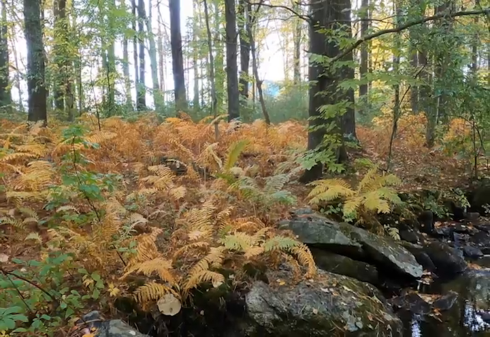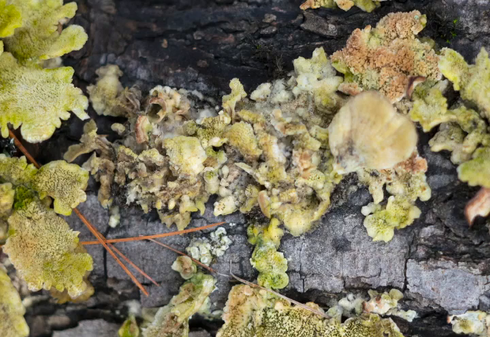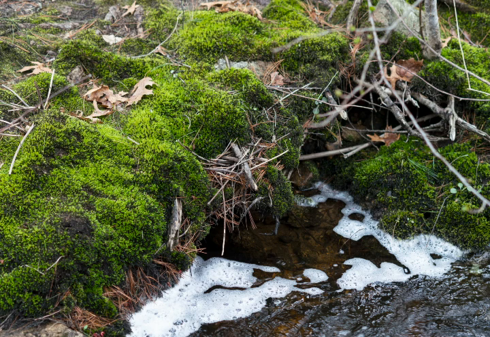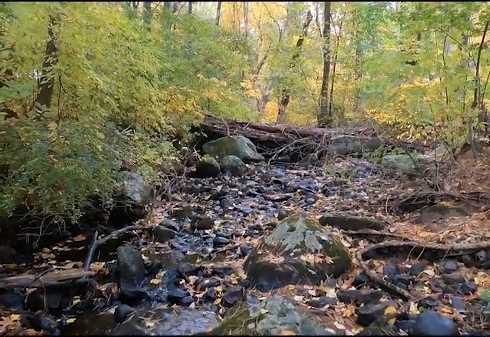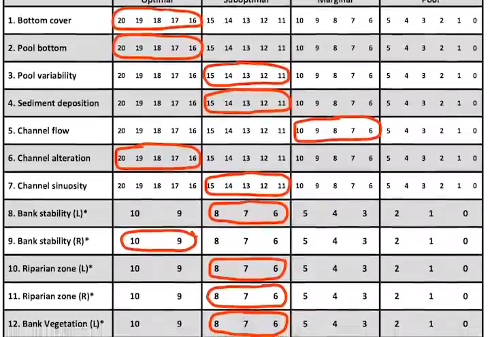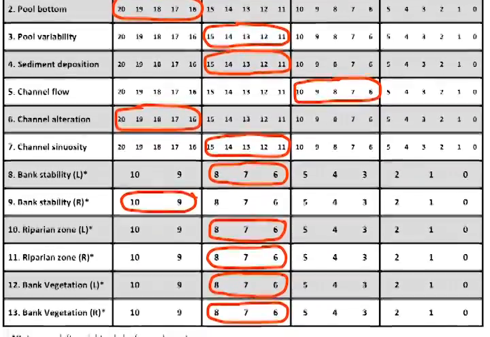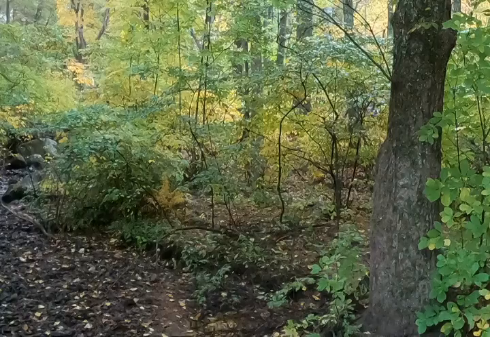Banks that have full, diverse, and natural plant growth support diverse aquatic life. Each bank is evaluated separately, and the cumulative score is used for this parameter. At Dick's Brook today, we rated bank vegetation suboptimal on the right and left banks.